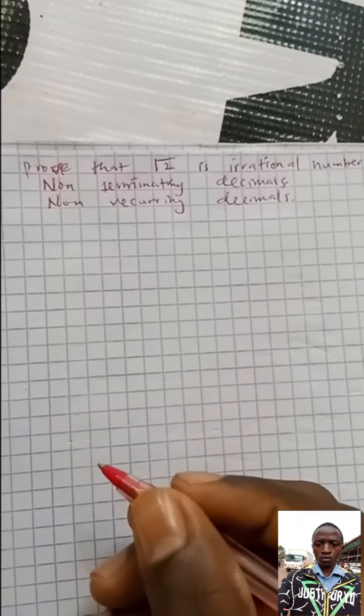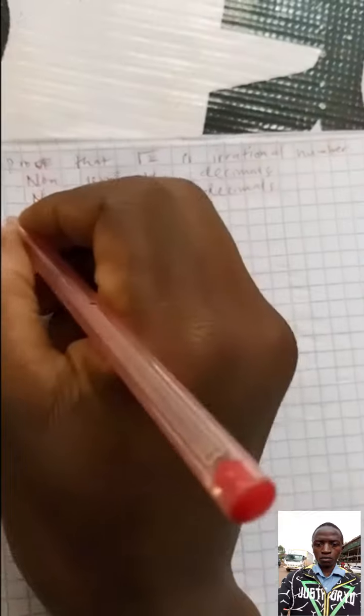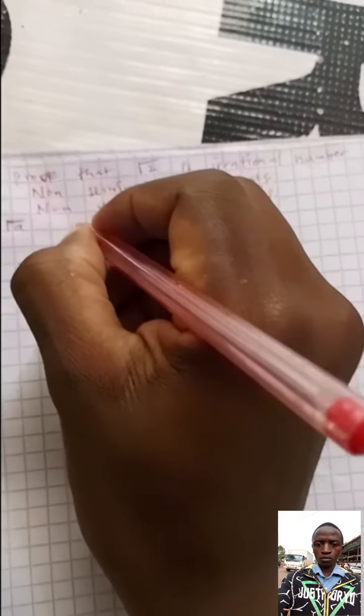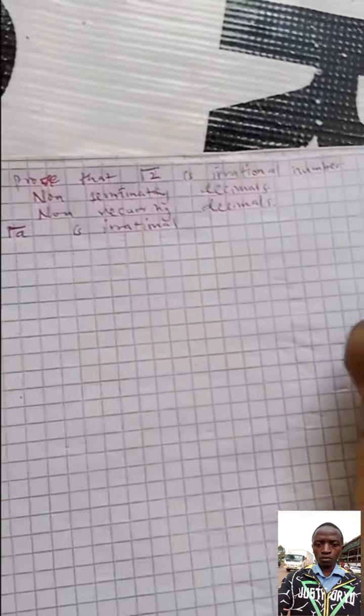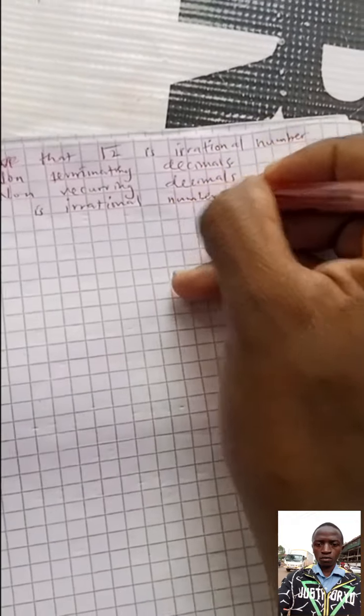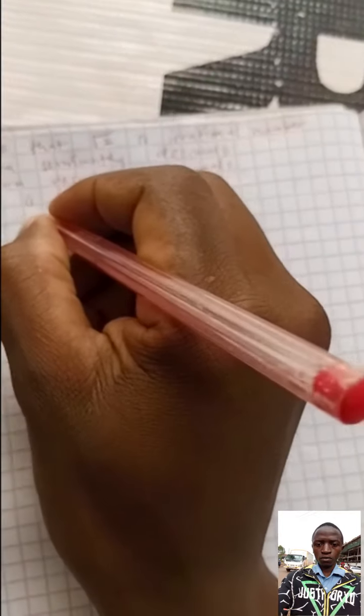So by the method of contradiction, we can assume that root 2 is a rational number.